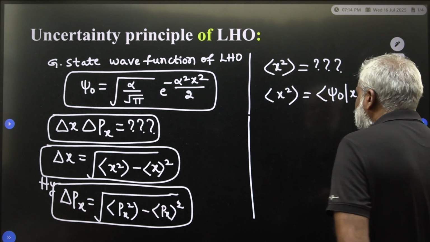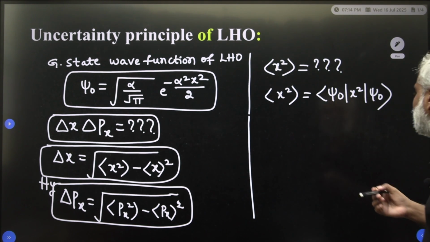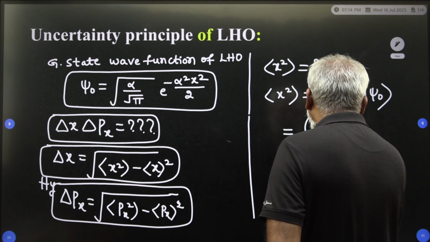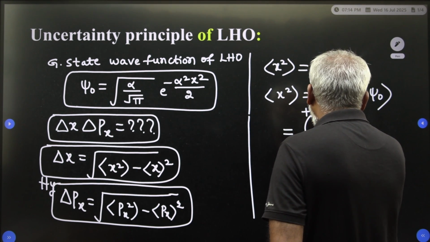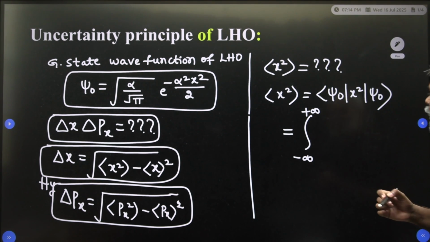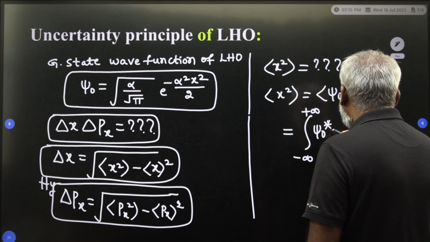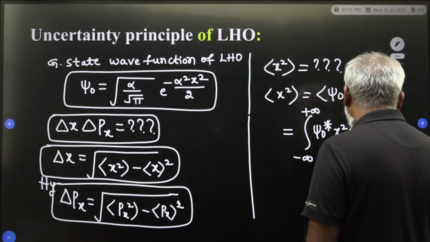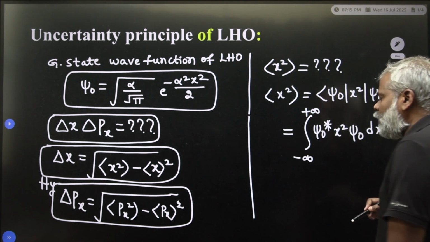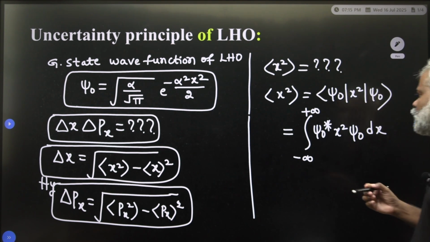We write this in integral form: integral from minus infinity to plus infinity of psi 0 conjugate into x square into psi 0 dx. Substitute psi 0 conjugate and psi 0 here.